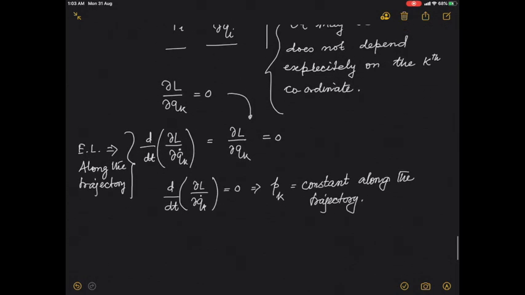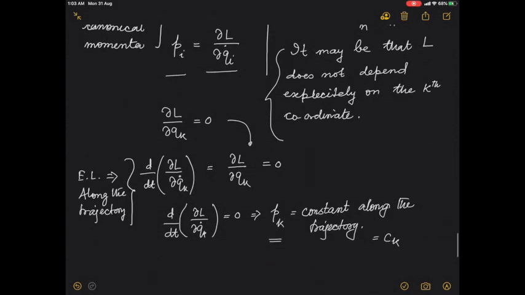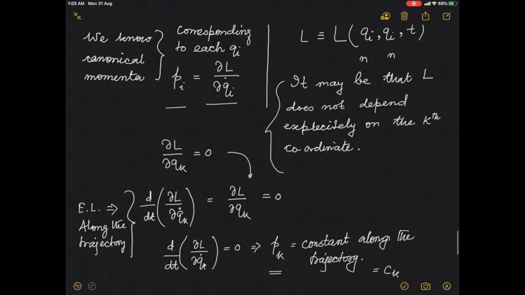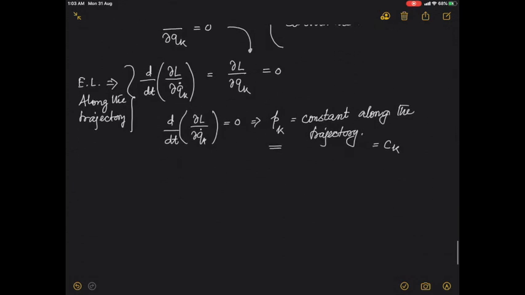Now, if pk is a constant, and say that constant is called some c or ck, then that gives me a differential equation which is only first order. How?